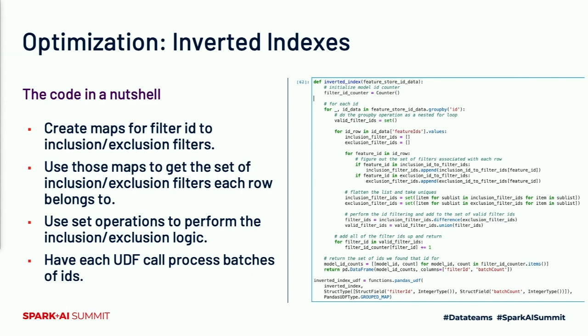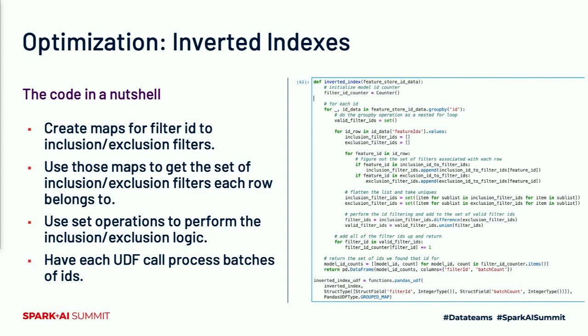If you notice in the for loop, for each row, we iterate through all of the feature IDs and figure out the set of inclusion filter IDs and exclusion filter IDs those features belong to. In the code, it's where the loop says for feature ID and ID rows, and eventually I generate inclusion filter IDs and exclusion filter IDs where the comment says flatten the list and take uniques.